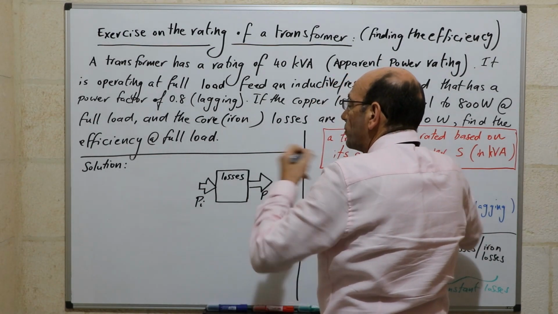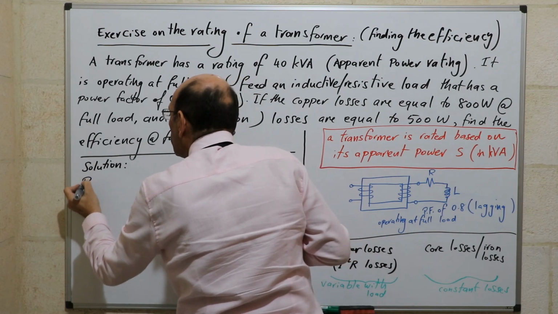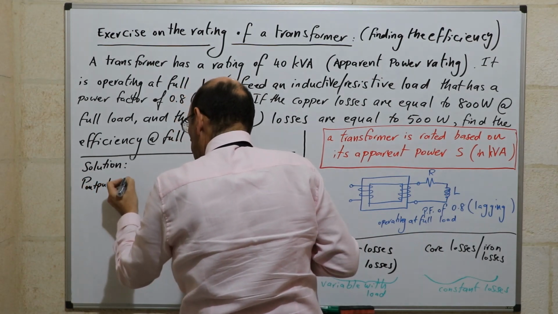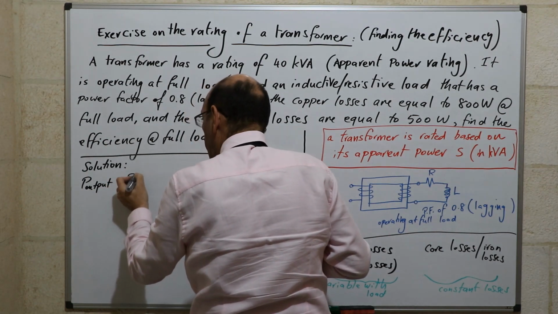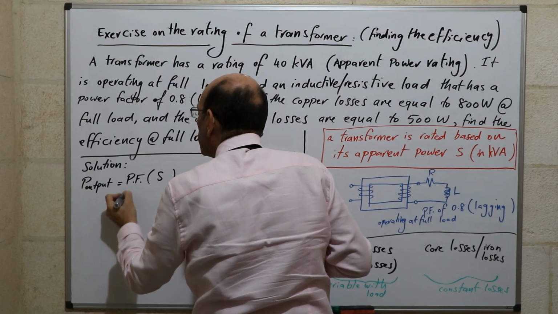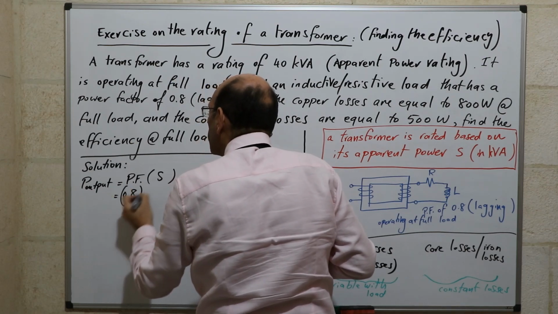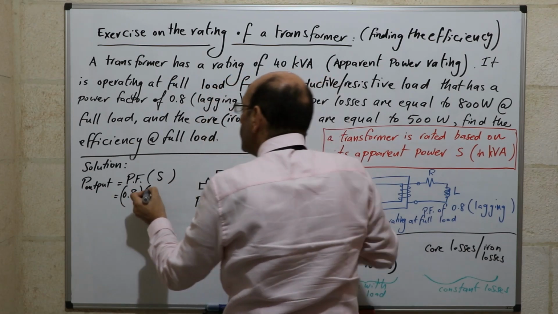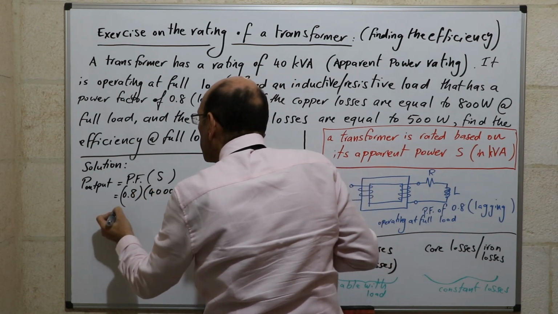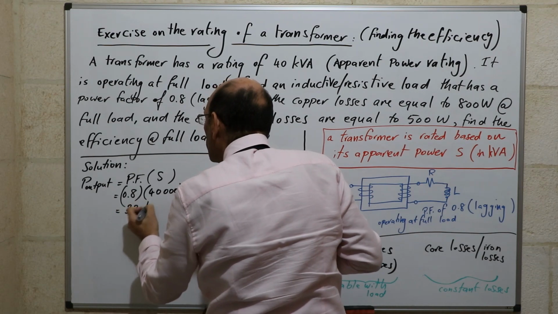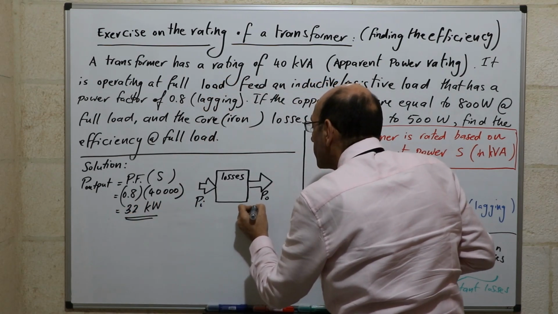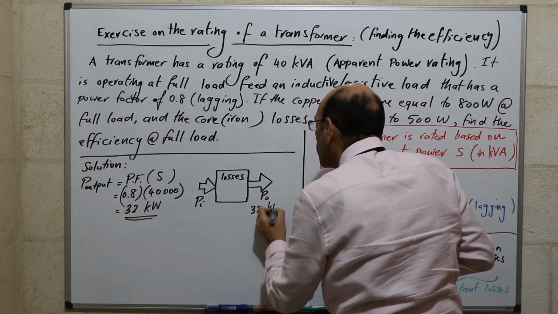So the way we would proceed is to find the output power. So the output power is equal to the power factor multiplied by the apparent power, which is 0.8 times 40 kVA, and that gives us 32 kilowatts. That's the output power that's fed to the load.